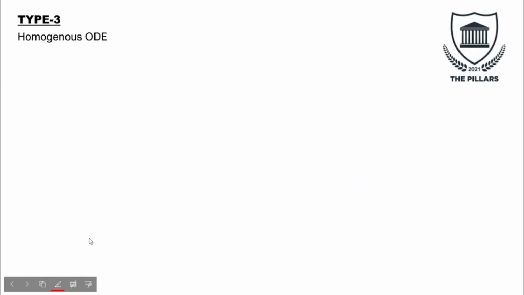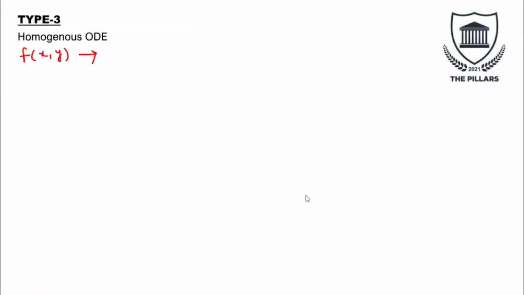Let me go to the next slide, and this is type 3 of ordinary differential equation, that is the homogeneous ordinary differential equation. Let's see what is the definition of a homogeneous ordinary differential equation. Let's say we have a function f(x, y).